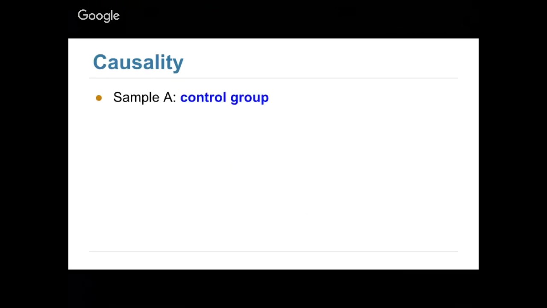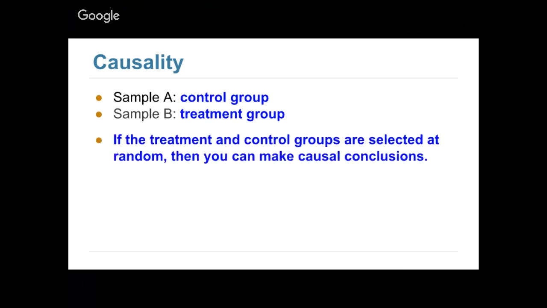So the key to establishing causality is, if we have sample A, which is our control, and sample B, which is our treatment, they need to be similar in every way except for our treatment. Only then can we say, okay, sample B, the treatment, must have caused whatever effect we're noticing here, right? And the way we account for those differences is to separate people into those two groups at random, right?